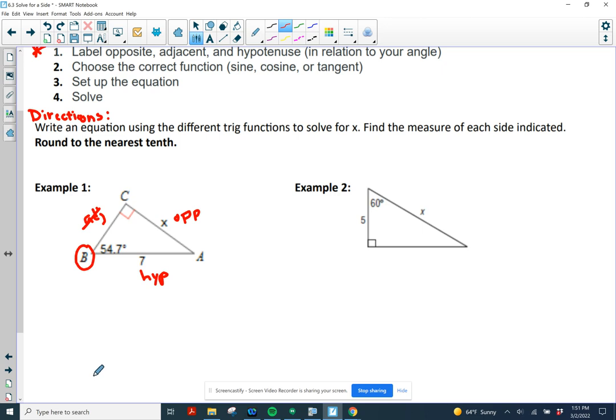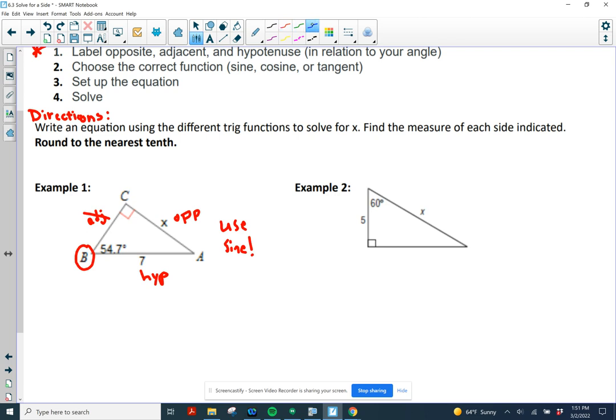So what we're going to do is this. We're going to cross this out for a reason. I want to choose the trig function that works with the opposite and the adjacent, because I don't have the number for that, and I don't need to find that one. I want to work with the opposite and the hypotenuse. So we're going to use the sine function for this one.